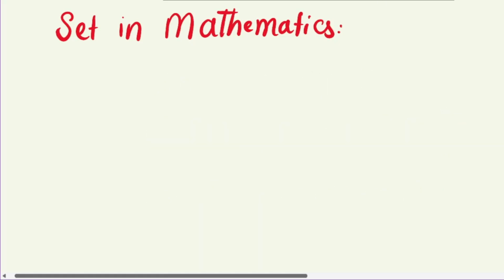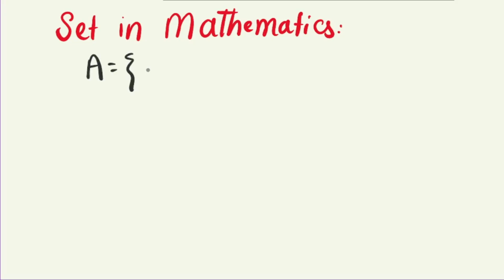Now let me have some more examples of sets in mathematics. Suppose I have a set of multiples of 4, which I will represent by A. The multiples of 4 are 4, 8, 12, 16, and so on, right? Here these three dots represent that the pattern of these numbers continues to an unlimited extent.